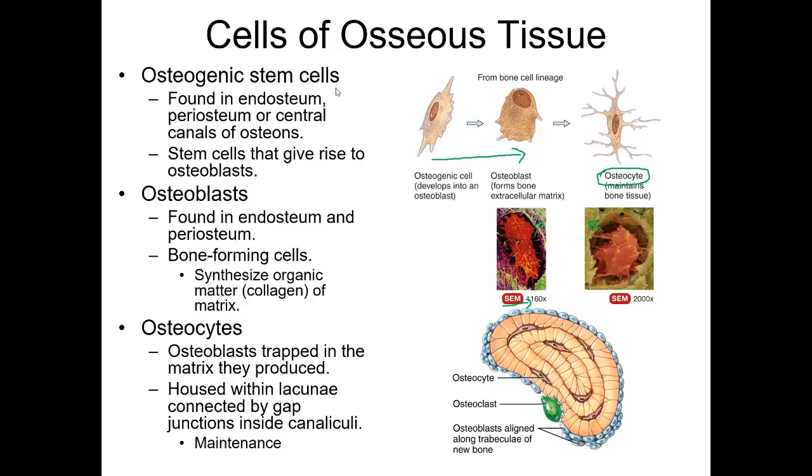So osteogenic stem cell turns into osteoblast, which secretes collagen, turns into osteocyte, which attracts calcium ions and becomes a mature bone cell. You can see scanning electron micrographs here of both an osteoblast and an osteocyte.